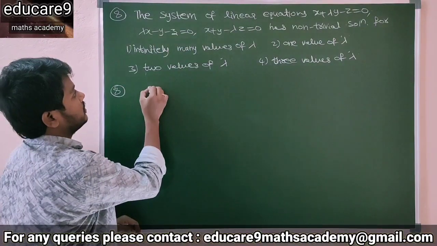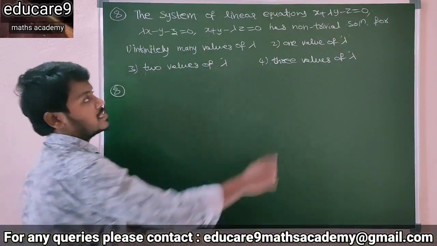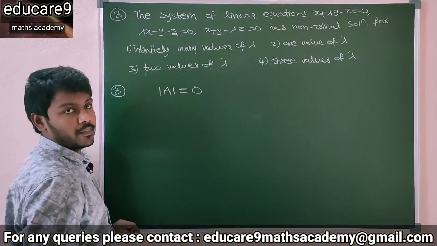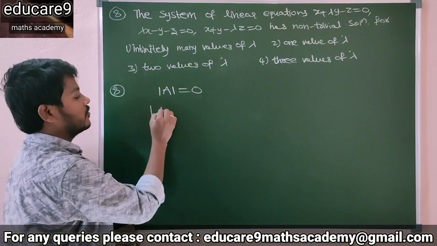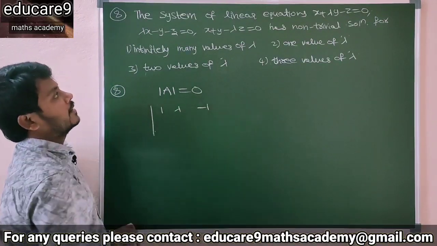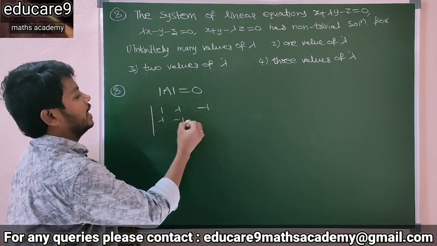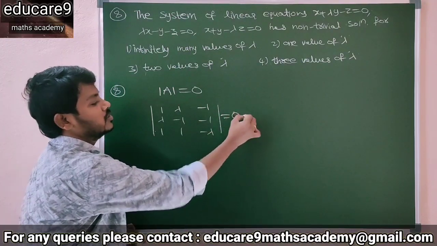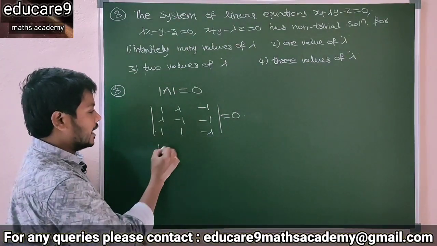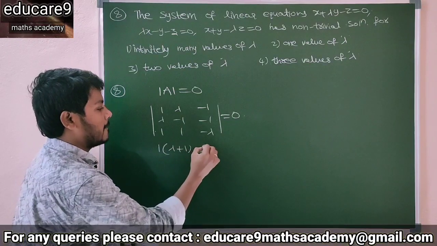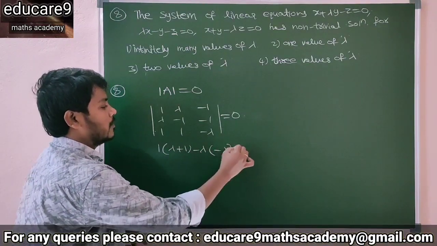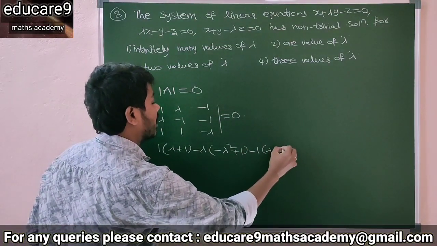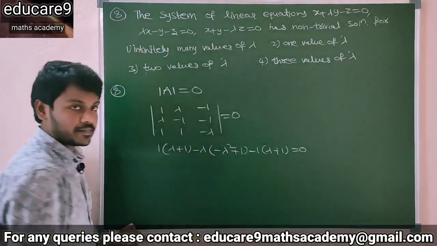So see here, given system of equations is non-trivial, that is determinant of A is equal to 0. So find determinant of A, that is 1, lambda, minus 1. Next lambda, minus 1, minus 1. So 1, 1, minus lambda is equal to 0. So here 1 into (lambda plus 1) minus lambda into (minus lambda square plus 1) minus 1 into (lambda plus 1) is equal to 0.